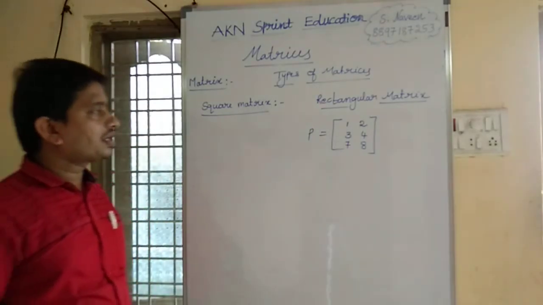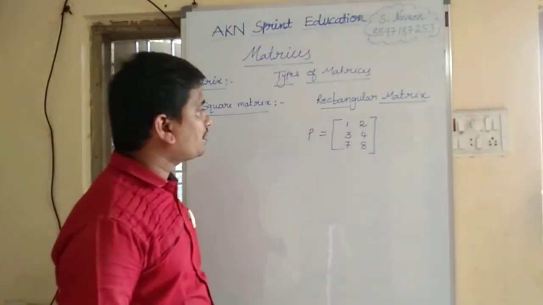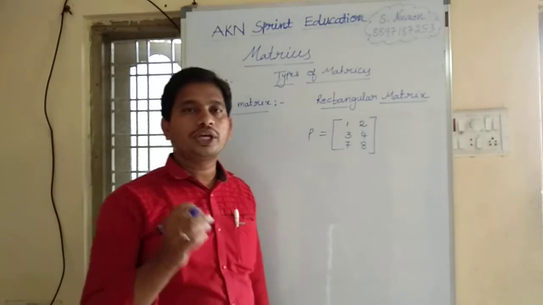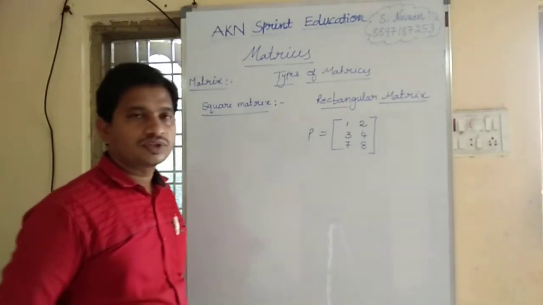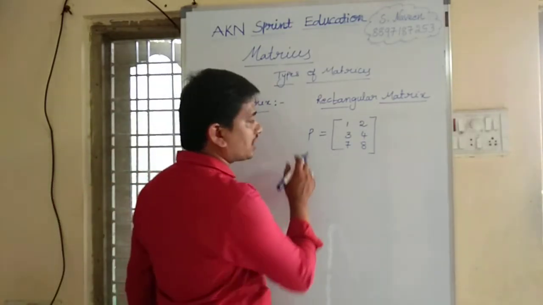If you observe this matrix P, the elements in matrix P are 1, 2, 3, 4, 7, 8. What is the order of the matrix P, children?